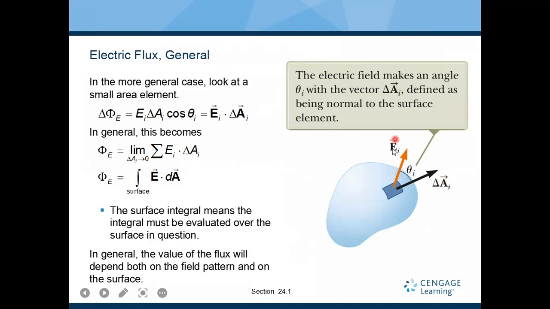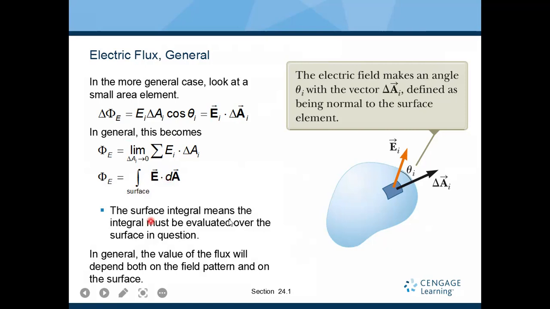For this we get the electric field E_i. So in general, if delta A_i tends to 0, if the small area tends to 0, the sum of all these areas gives a limit which is actually the surface integral. If we remove the limit, then we get the surface integral, because E dot dA gives the double integral.